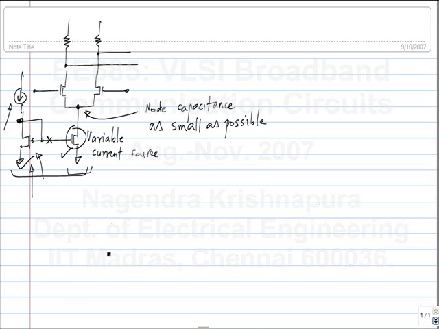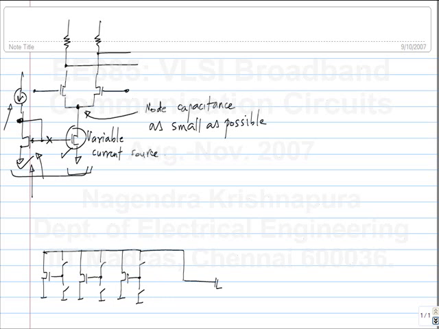So let's say I choose to switch at the gate, and I'll show 3 levels, and this goes to the biasing current source. So this entire thing is the reference branch. Depending on whether the gate is connected to its drain or ground, the transistors will be active or not.